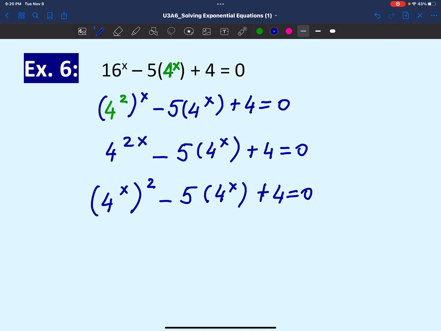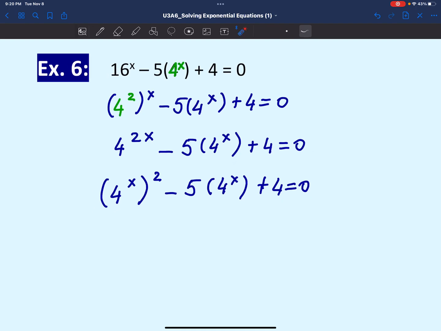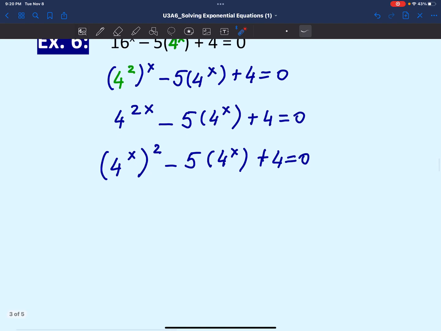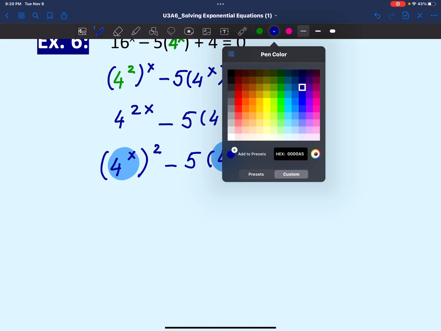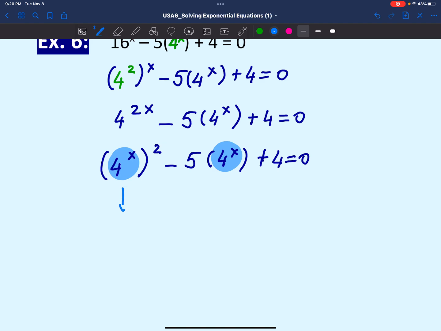So what this new example brought in is the fact that sometimes we need to work on the terms that contain the variable, and we need to make the basis the same. As you can see here now, we have a quadratic equation. So we can bring in the helping variable a.